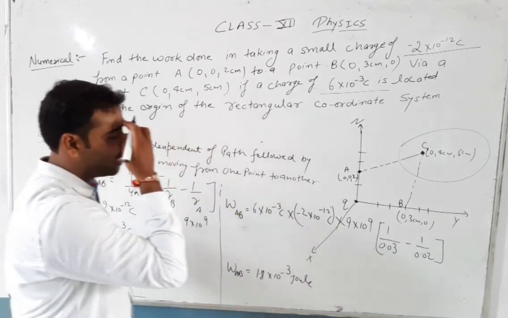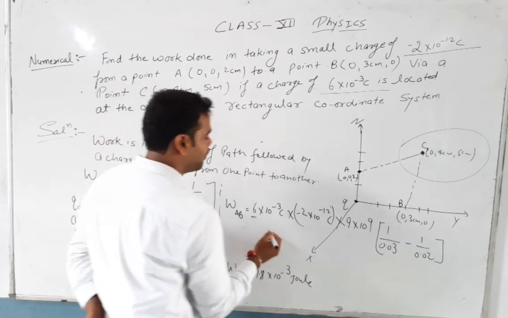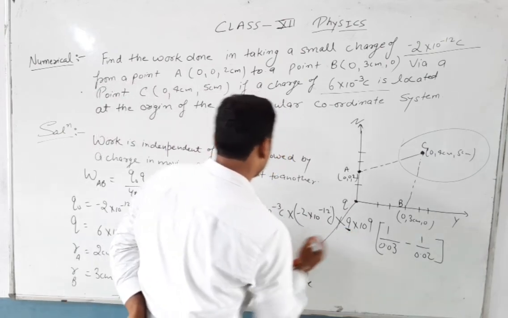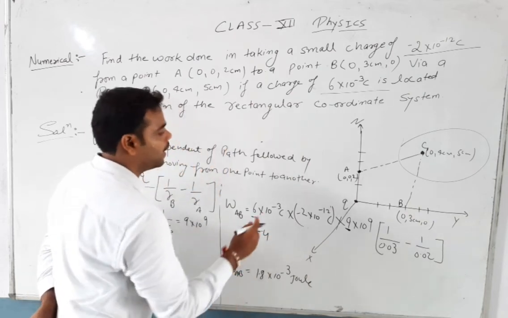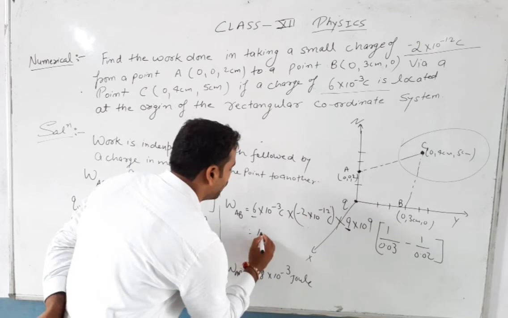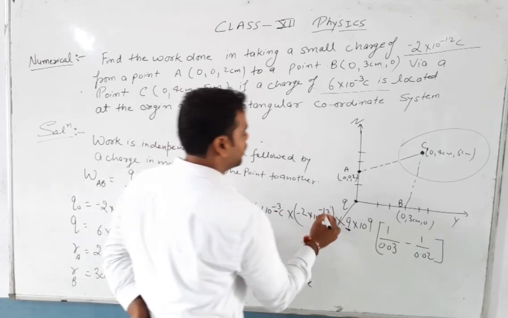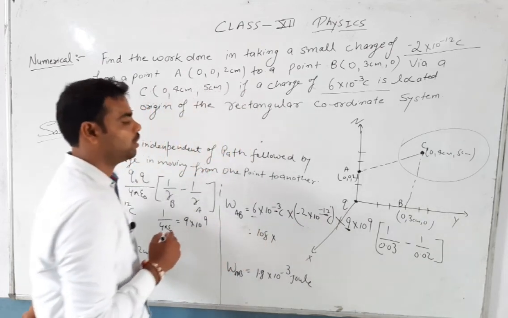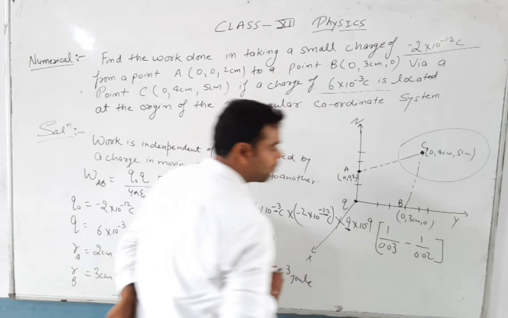Okay, you may also solve it this way. 6 multiplied by 9 will give you 54, and multiplied by 2 it will give you 108, multiplied by 10 raised to power -3 and 10 raised to power -12. It will give you 10 raised to power -15 and 10 raised to power plus 9.